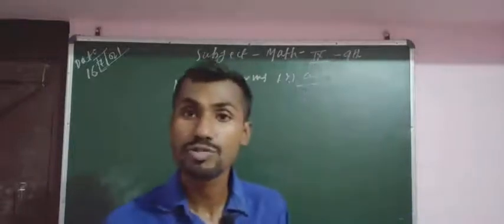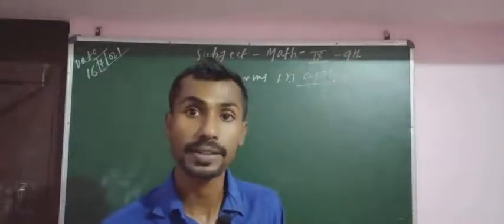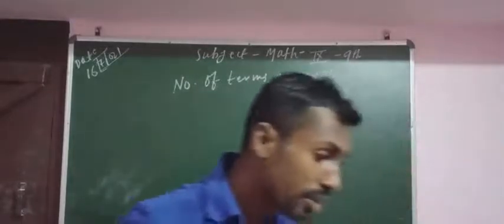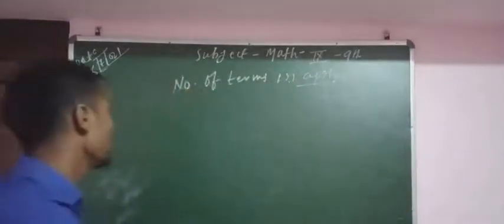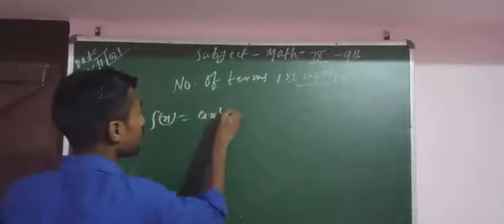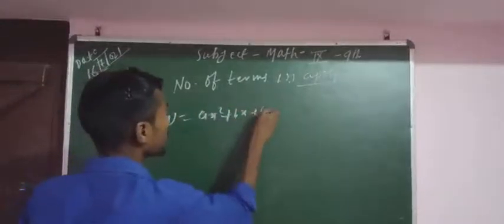Now we will solve some examples. The example is: write the coefficient of x square. Suppose f of x equals ax square plus bx plus c.